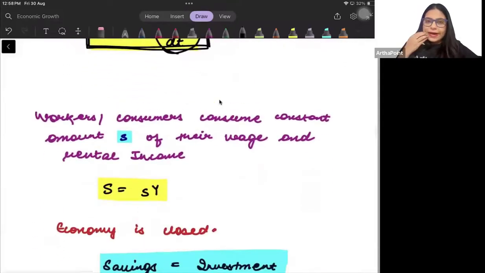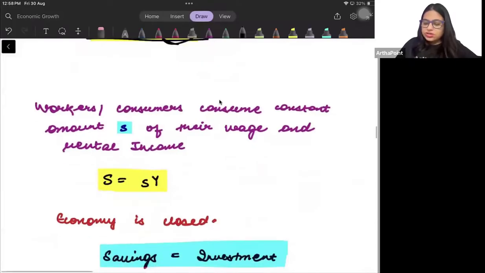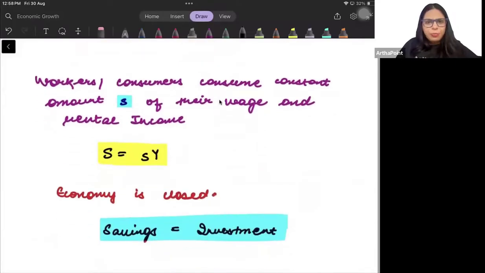Now, another thing which is important here is that many books will assume that it is the workers who are saving the money. Okay, so they do distinguish between firms and workers, firms and labor, and assume that savings are only done by households. Those people who consume, सिर्फ वो ही save कर सकते हैं.